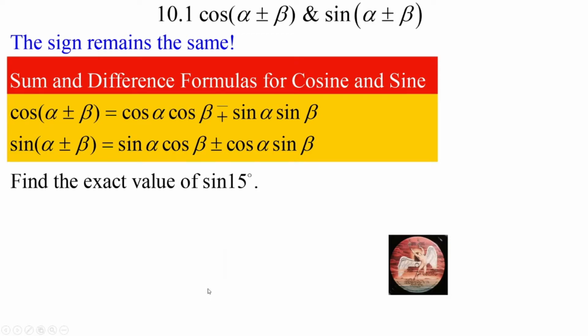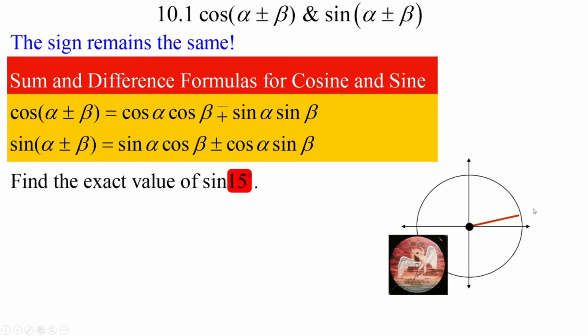So, sine of 15 degrees. Let's think about that now. Well, there's our unit circle. And again, if I approximate a 15-degree angle right there, I don't know this terminal point right there. That's 15 degrees, but I do not know this.